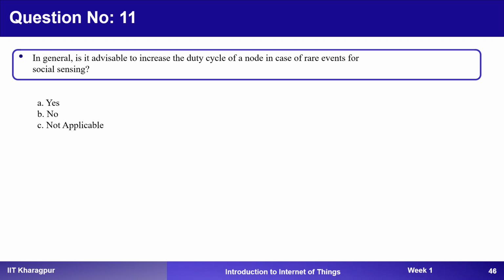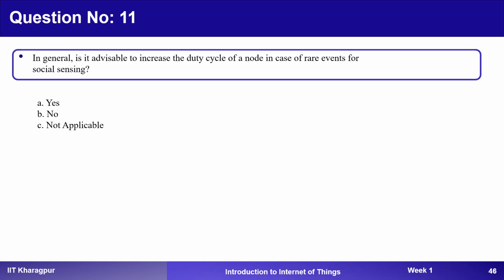Ma'am, it is the time for which a system is operated. Yes, it is the ratio of time for which your sensor is live or working over the complete cycle. Now you know the definition of duty cycle.